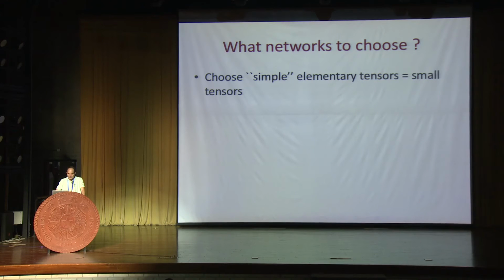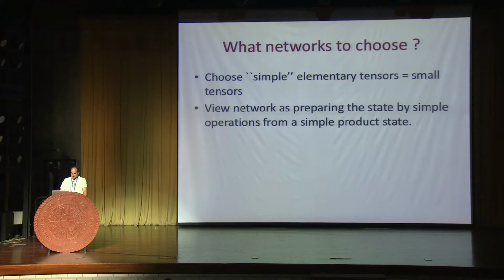Now, one question is, which tensor network should we choose? So one idea was to choose simple elementary tensors. So we choose small tensors with a small number of indices. And we can view the network as a circuit, a quantum circuit, that prepares the state out of simple operations, starting from a simple product state.